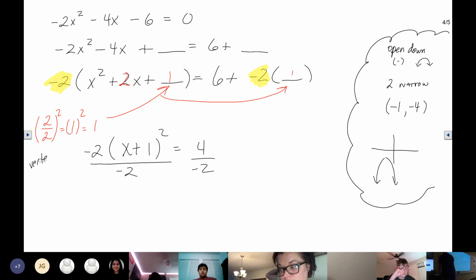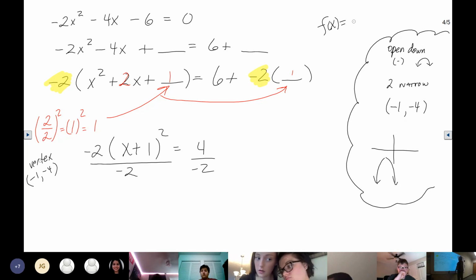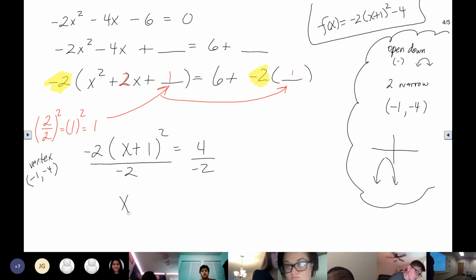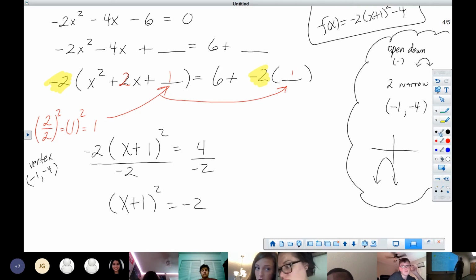Vertex is negative 1, negative 4. Or you can go over here and say f of x is equal to negative 2 times x plus 1 quantity squared minus 4. That's what the test or the homework will ask you. And then x plus 1 quantity squared is equal to negative 2. That negative right there tells you no x-intercepts.